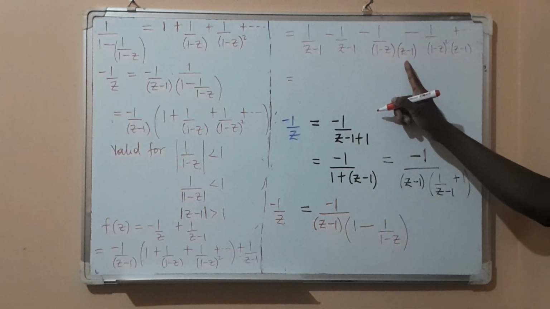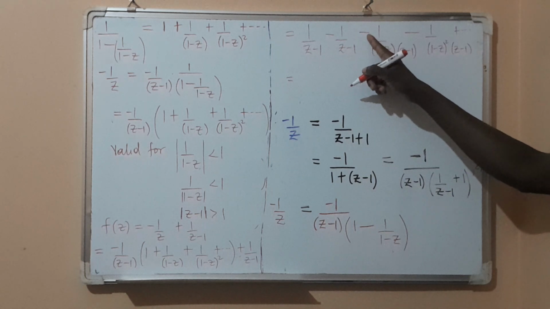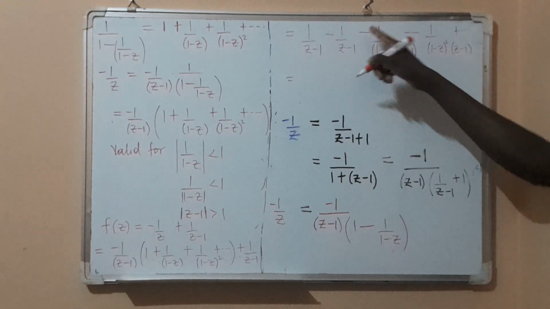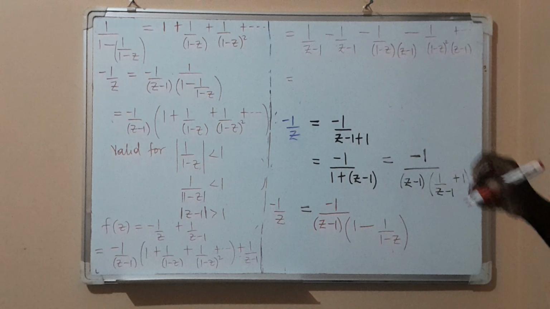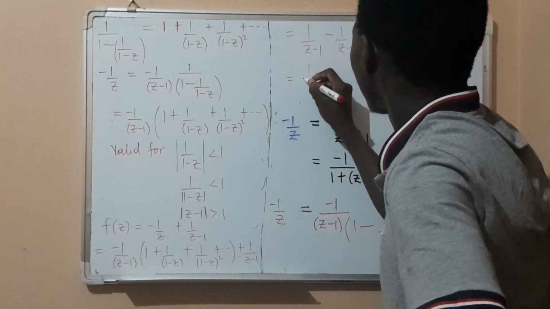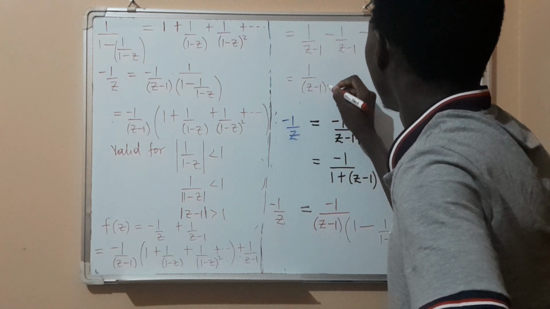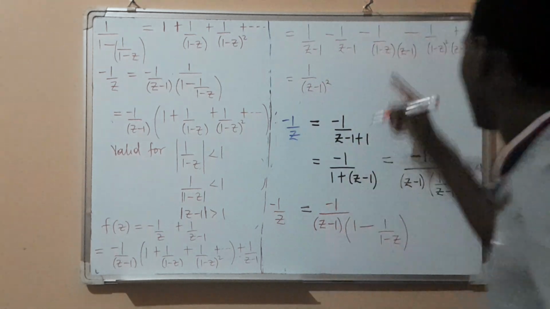Here now we are going to remove a negative. I can remove a negative from this. So if I put a negative outside, then that negative will divide that to now have a positive. So this is 1 over z minus 1 squared.